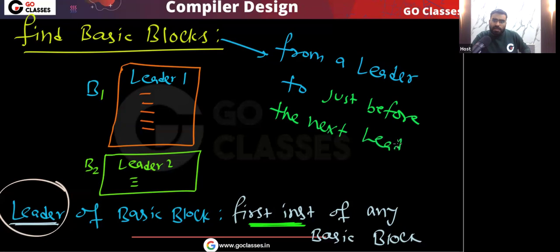In a basic block, you cannot have two leaders, and every basic block has a leader. So can I say the number of basic blocks equals the number of leaders? The first instruction of any basic block is a leader, that you already know.